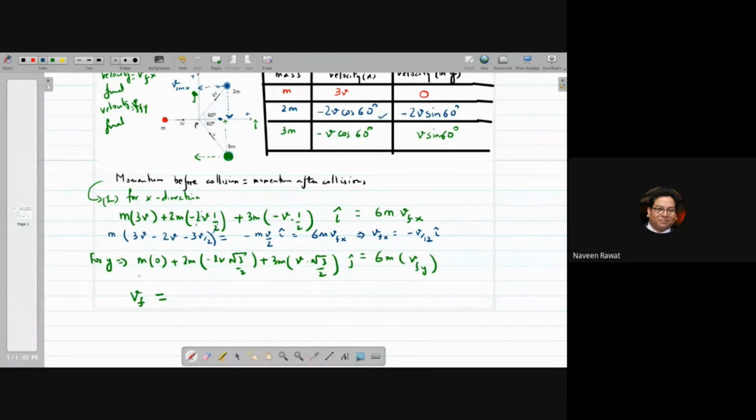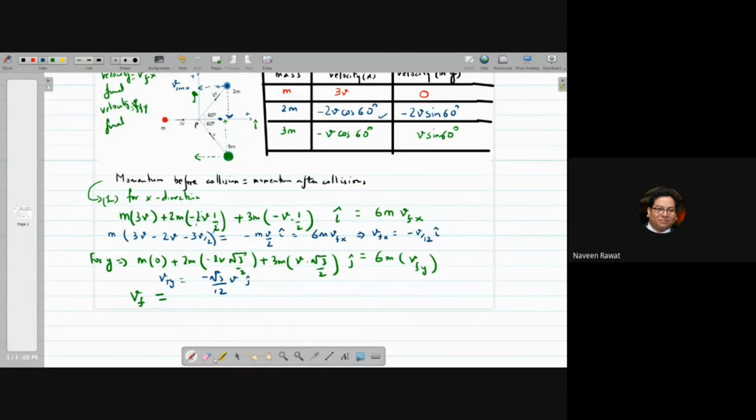Similarly, you can solve the second one. So here you will get your v f y, right, will be minus root 3 by 12 times the initial velocity, and it's in the j direction.